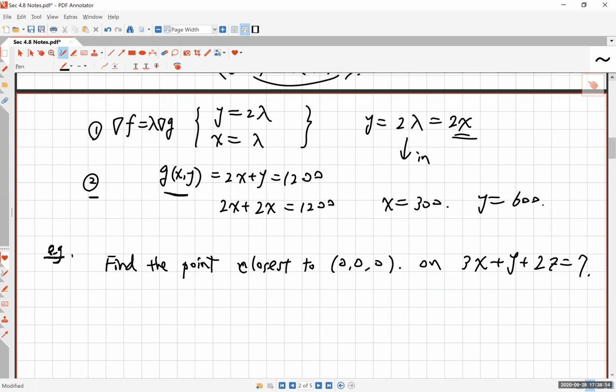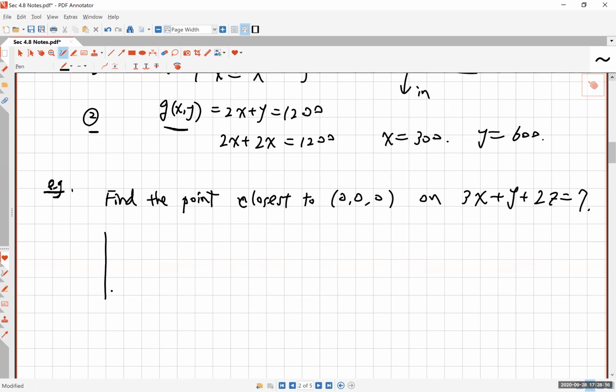Now, let me give you a little hint, okay? So the idea here is this. This is the surface 3x plus y plus 2z is equal to 7. So when x is, let's say, 7/3, and y and z are 0, 0, is this a point on this plane? I think it is, right?